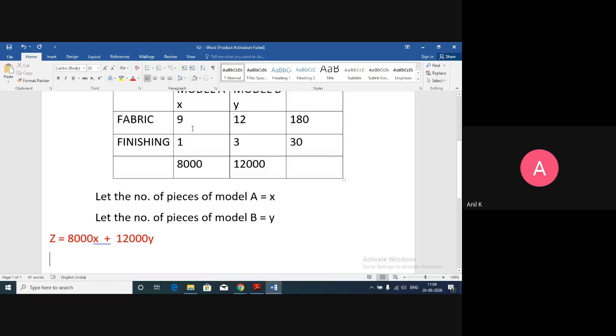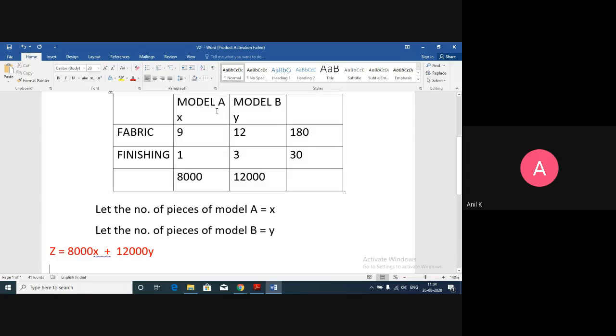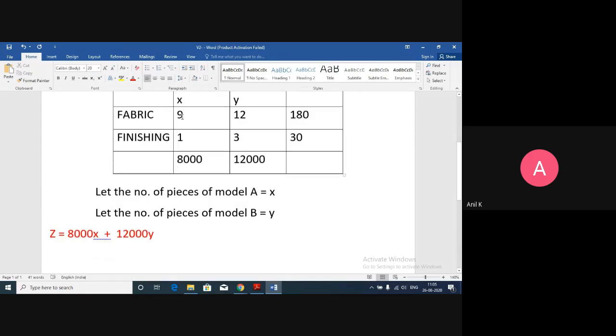Now, 9 hours for fabricating of model A per piece, and I am making X pieces, which is going to be 9X hours for model A for all the items, plus 12Y.